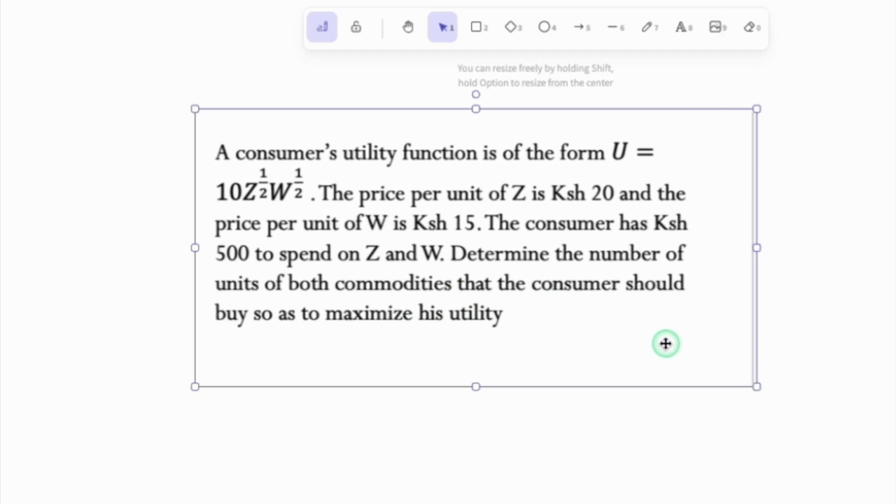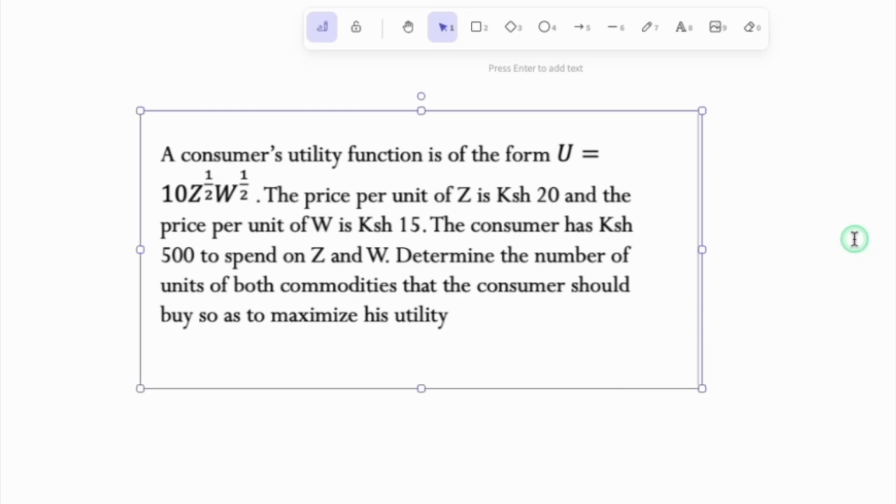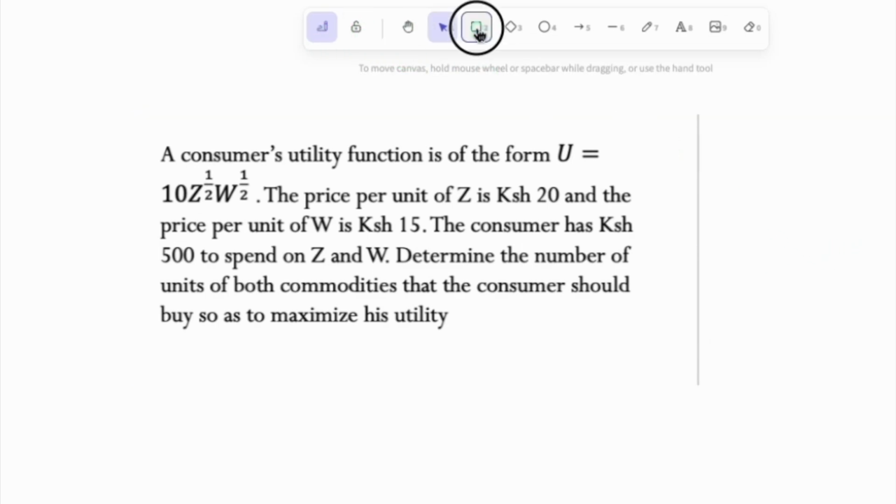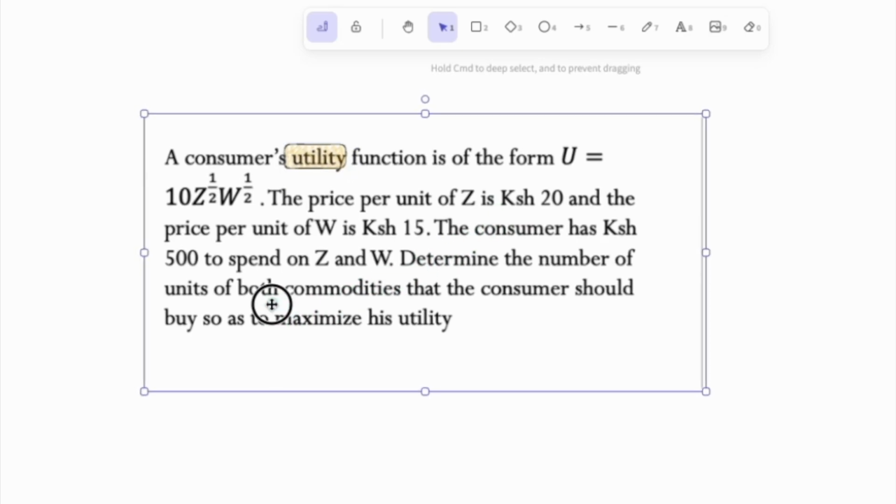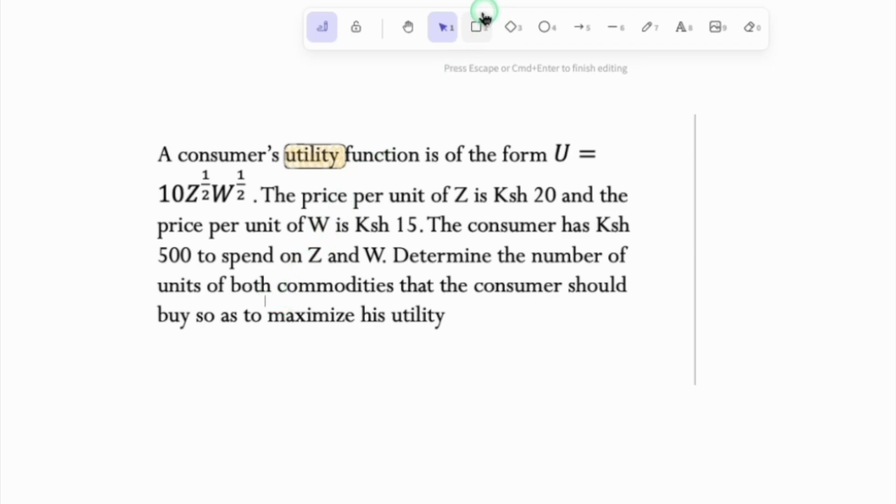So you can see here the key thing that we're looking at is something known as utility. This is a keyword that you should be aware of when you're solving such questions. Anytime you see the word utility, it's often accompanied by the word maximize. As you can see, at the end of the question, it says, determine the number of units of both commodities that the consumer should buy so as to maximize his utility.